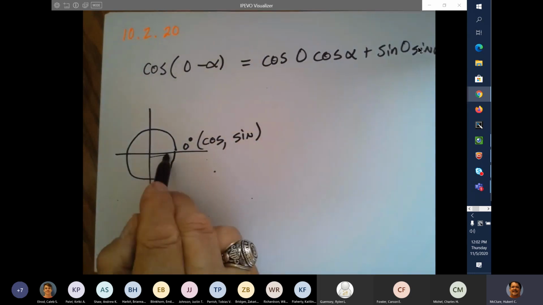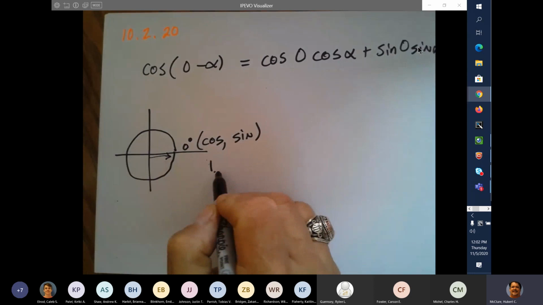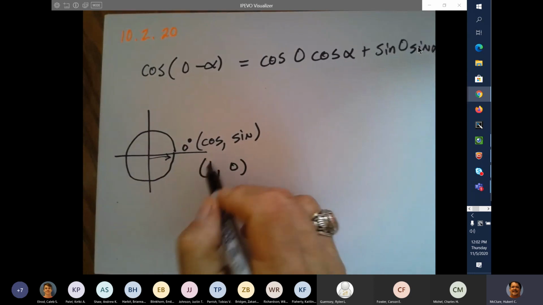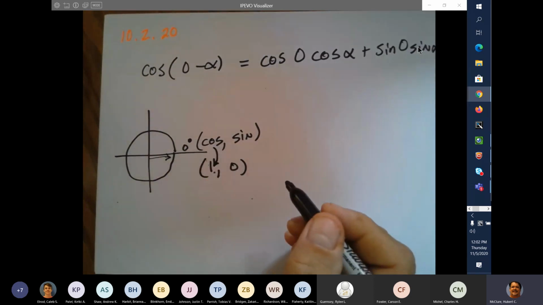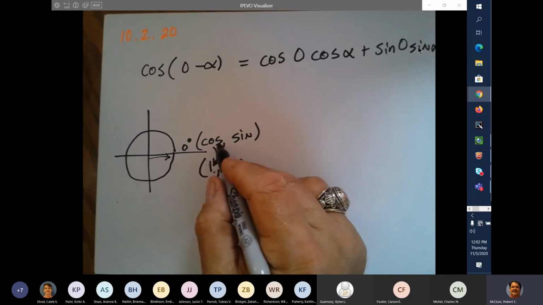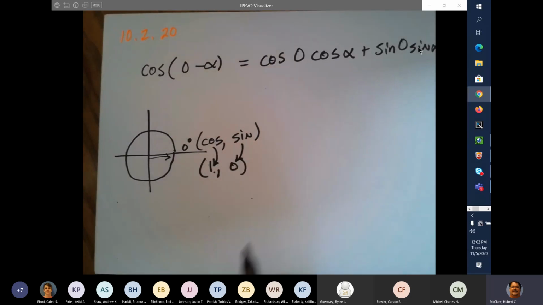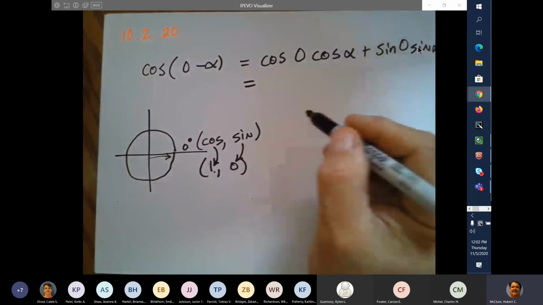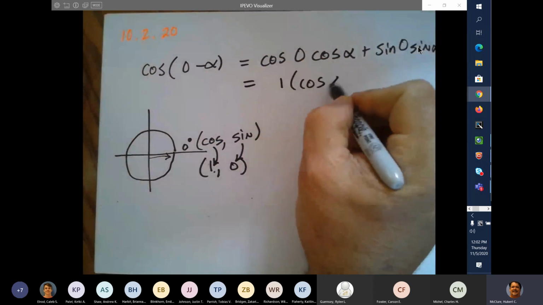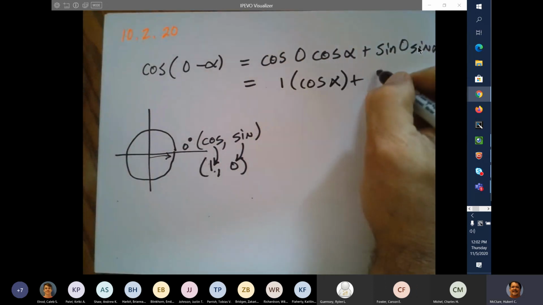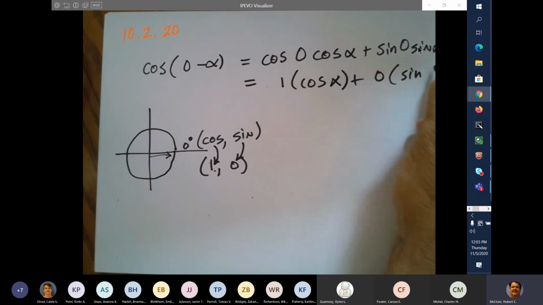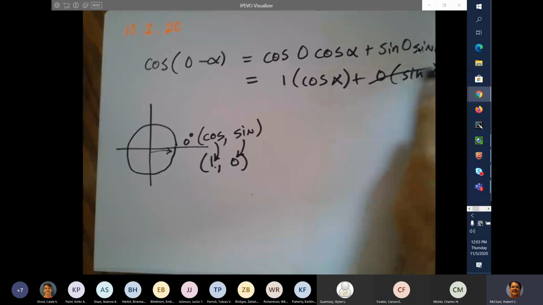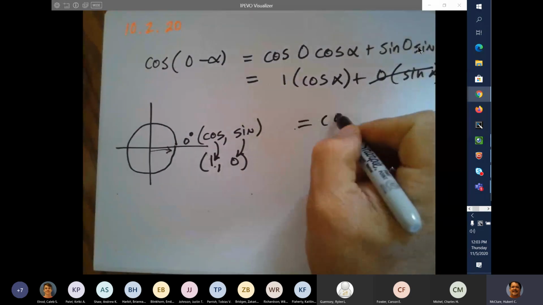Well, in the one direction, that's 1. So 1 comma 0. So the cosine is equal to 1, and the sine is equal to 0. So now we just plug in what? Plug and chug. 1 times cosine of alpha plus 0 times the sine of alpha equals cosine of alpha.